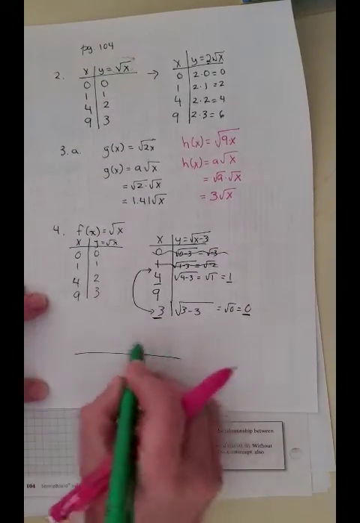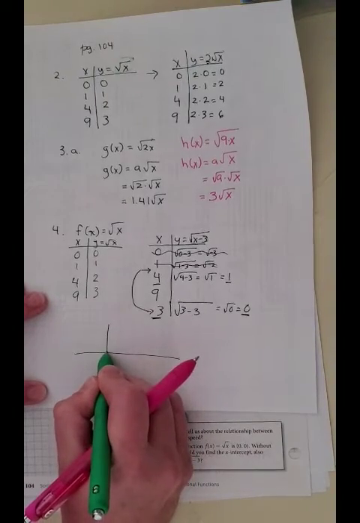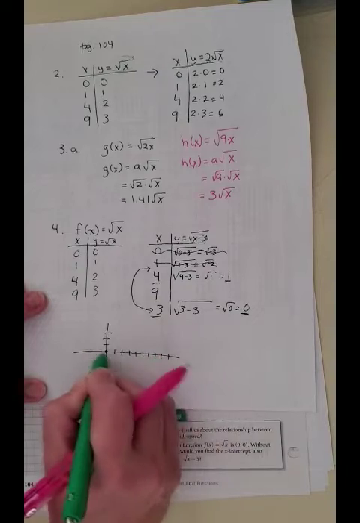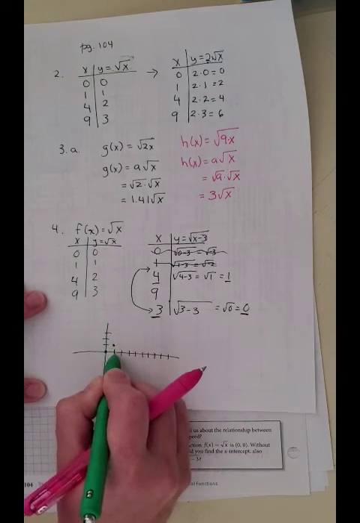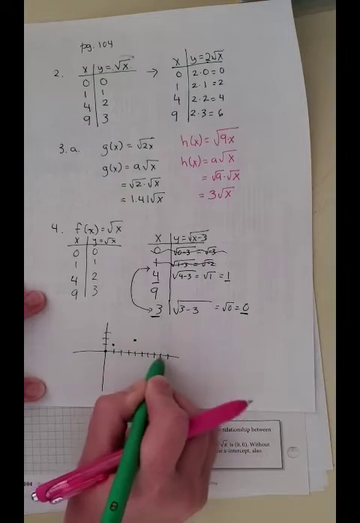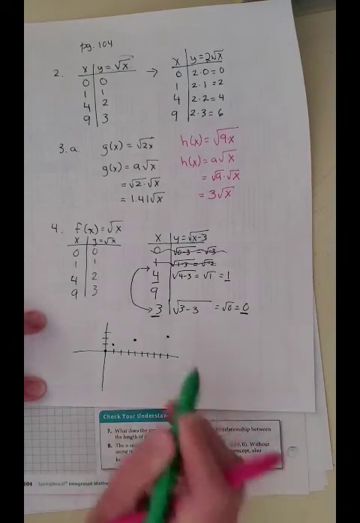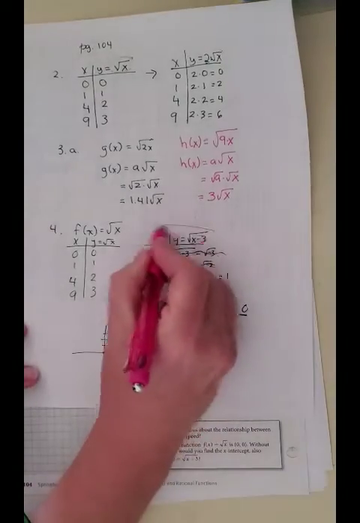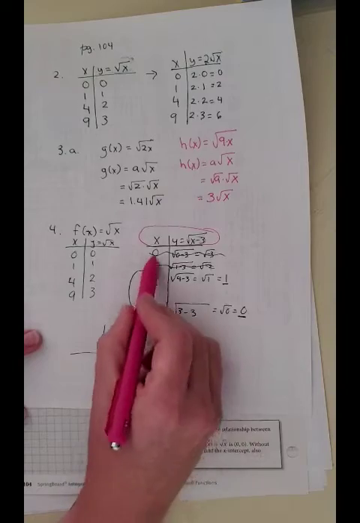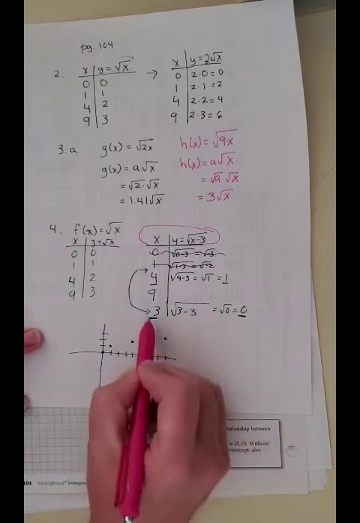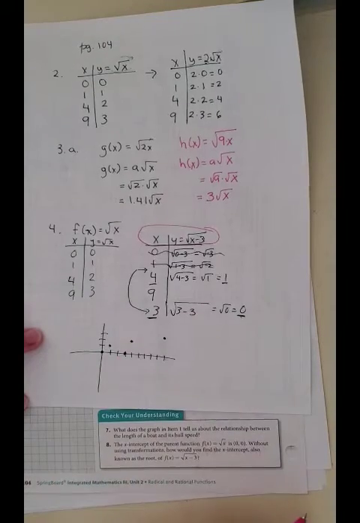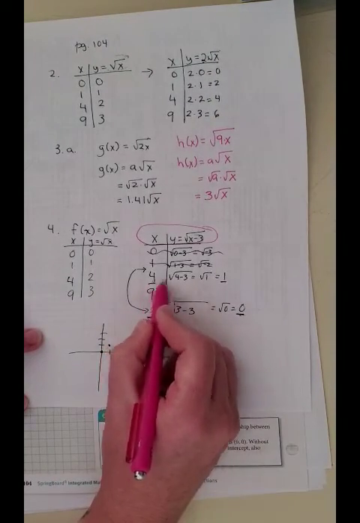My parent function starts at (0, 0), then (1, 1), (4, 2), and (9, 3). But this function does not start at (0, 0). It cannot. It starts at (3, 0). The next value that I could graph would be (4, 1).